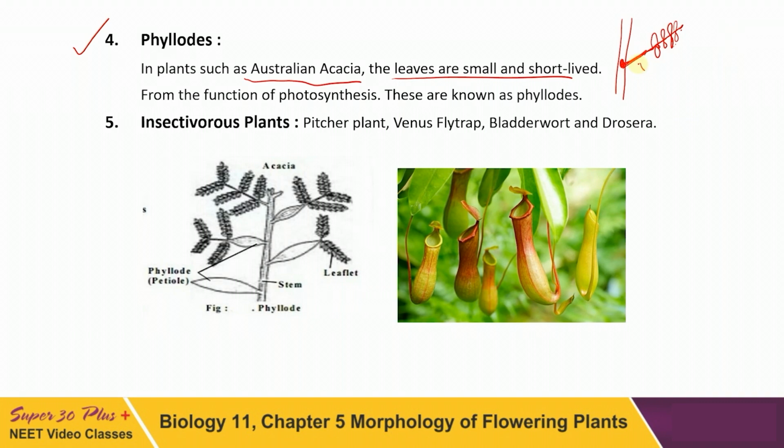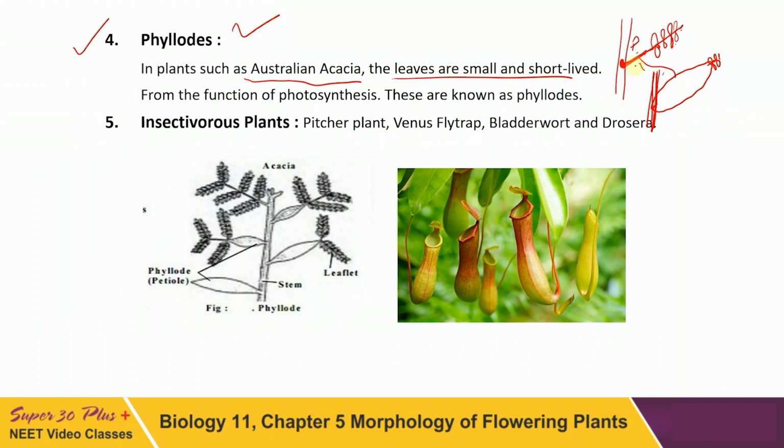Therefore, in this case, the modification is there. What happens, dear children? Here this is the stem, here this is the leaf base. This petiole becomes a leaf-like structure. The petiole has become a leaf-like structure, and at the apex of this, we may have ephemeral, short-lived leaflets. So this modification is called phyllodes.